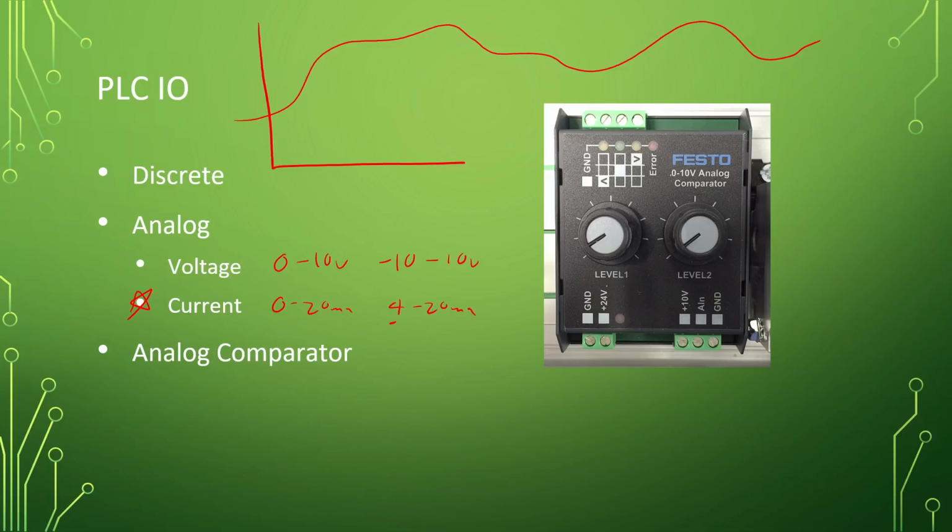So you're like, oh, he did say that before. If I always have a minimum of 4 milliamps that I'm sending out as a signal, my PLC knows the sensor is there and it is taking a reading. If I send 0 milliamps, the PLC says, well, either the sensor's not there, it's disconnected, or it's sending out 0 milliamps.